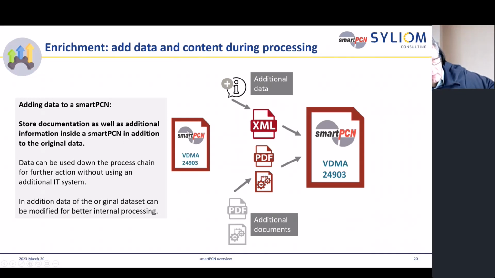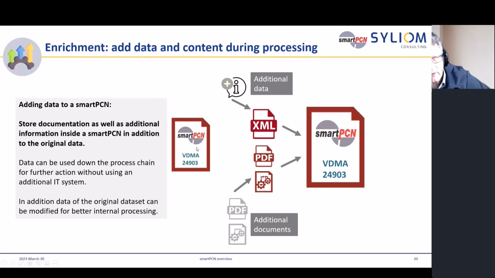When you receive a smartPCN, and this is used already in some companies, when people start working, they can store the documentation as well as additional information inside a smartPCN in addition to the original data. Then you can use this data down the process chain for further action without using an additional IT system. Also, the data of the original data set can be modified for better internal processing.